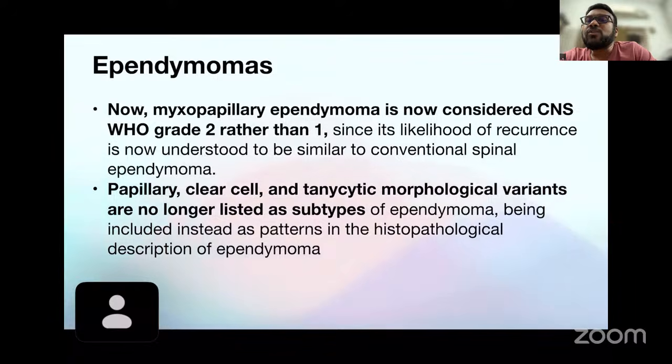These are no longer listed as subtypes of ependymoma, being included instead as patterns in histopathological description. So earlier we had the papillary type, the clear cell type, and the tanycytic type. These are the subtypes that we used to have. Now they are considered as just morphological variants and not as separate subtypes.